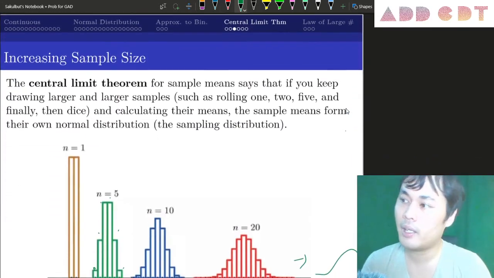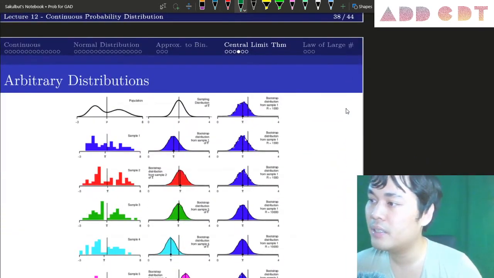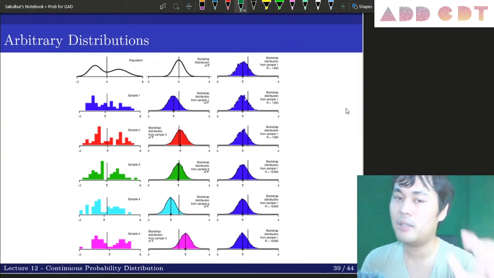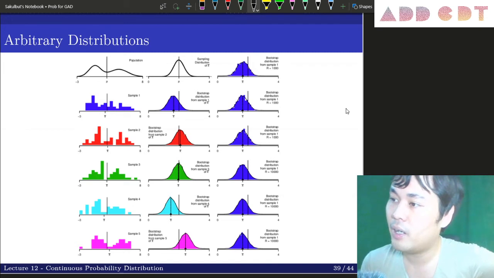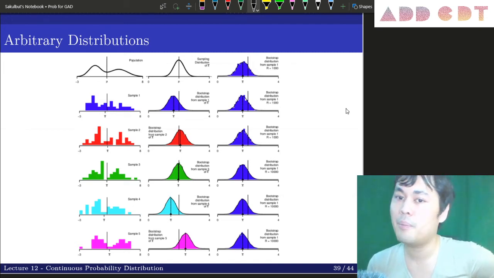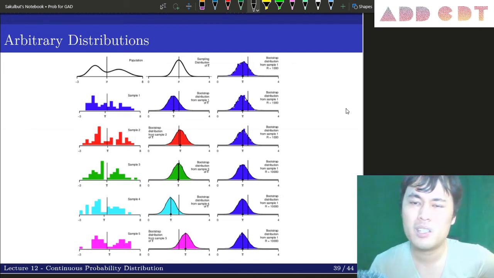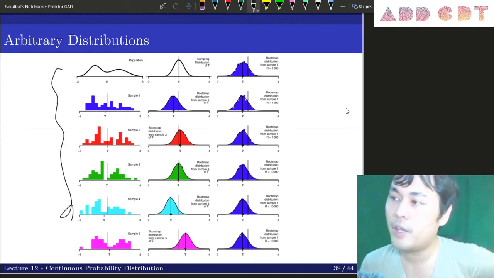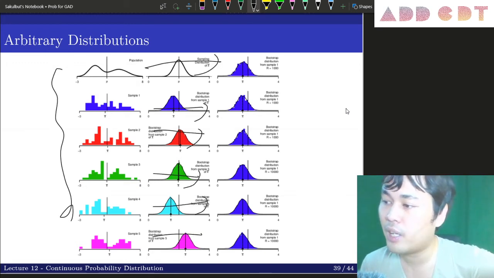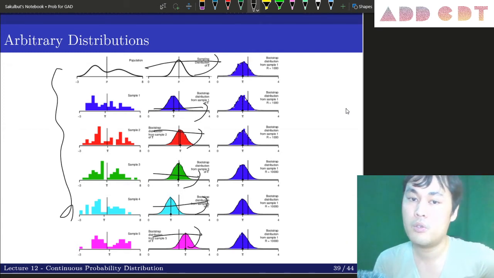Okay, that's one concept. And the other one, this one is not an accurate graph, but the other one, which is kind of mind-blowing, and I think they mentioned that in the clip, is that it doesn't matter what kind of distribution you start with. Eventually, whatever it is, they are going to be a normal distribution.